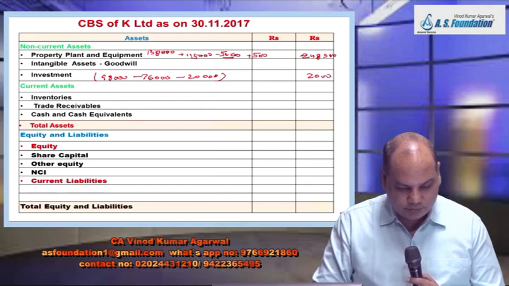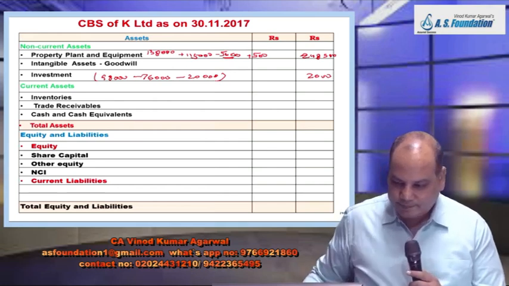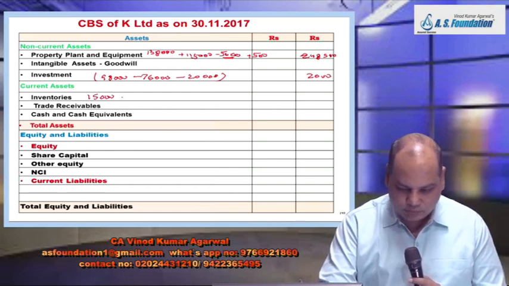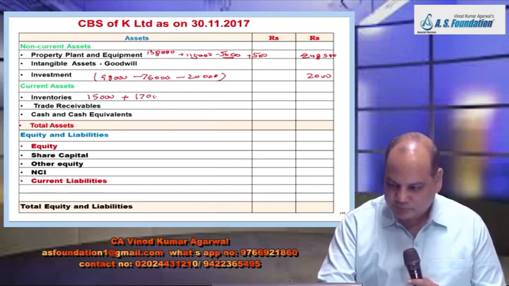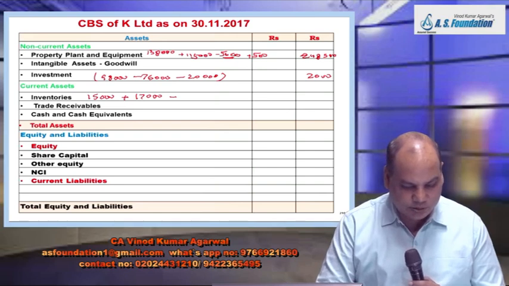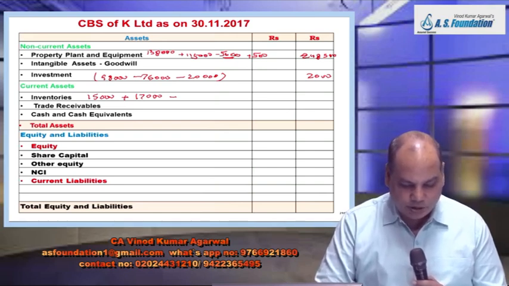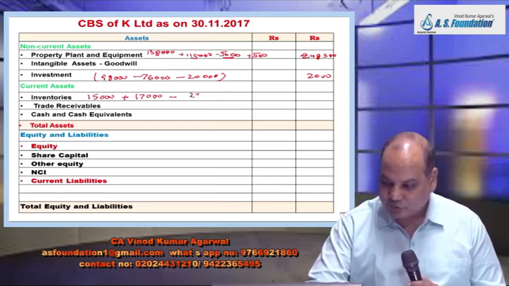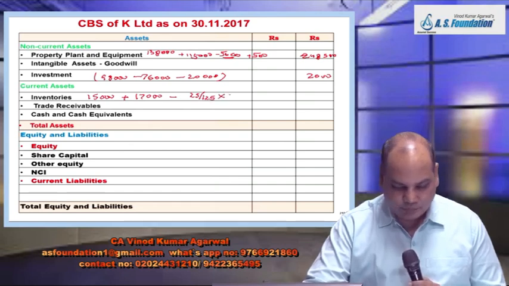Current asset. Inventory. 15,000 plus 17,000. But there is an adjustment number 1. There are some stock of 8,000 which includes profit at cost plus 25% margin. So minus 25 by 125 into 8,000.